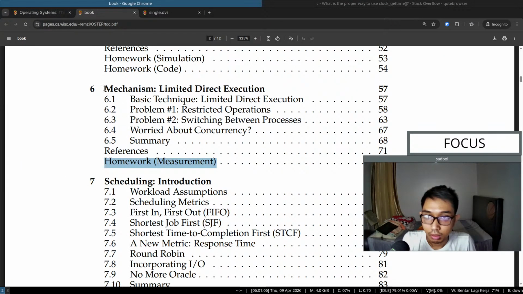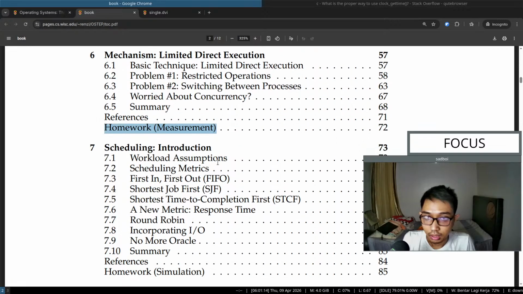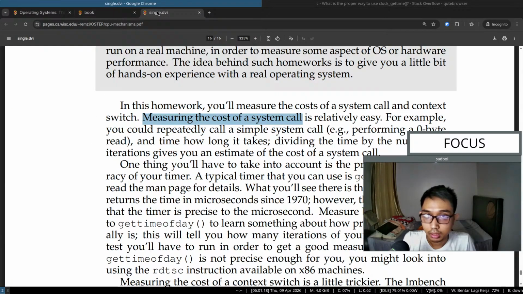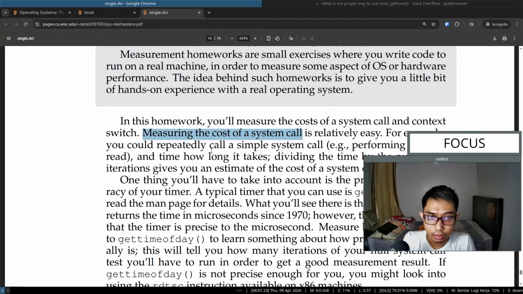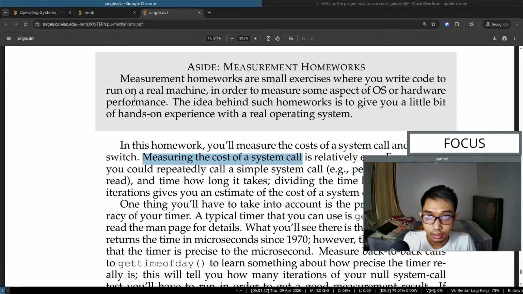And currently we are on chapter 6, Mechanism: Limited Direct Execution. And currently I am trying out the homework measurement here. I'm trying to measure the cost of system call, something like that.